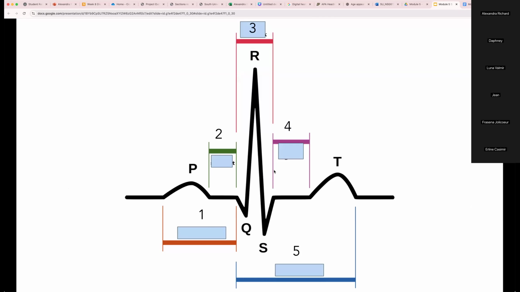All right. So what are these different parts of the EKG waveform called? So what is number one called? We just learned about it for heart blocks.